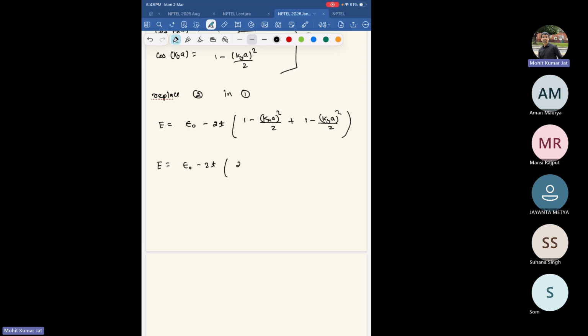This is 2 minus kxa square by 2 plus kya square by 2.